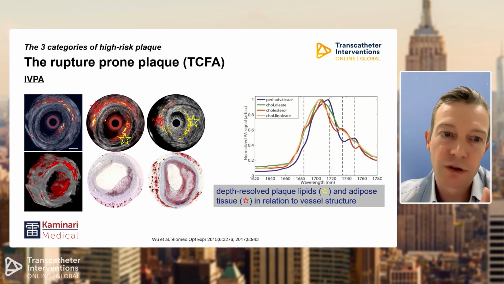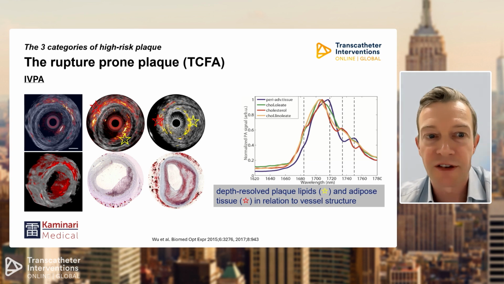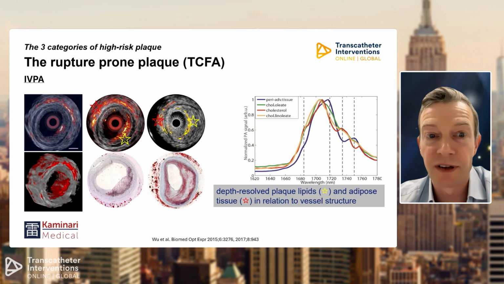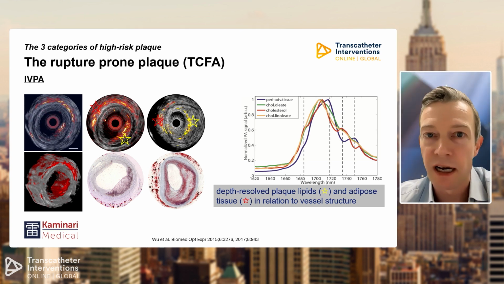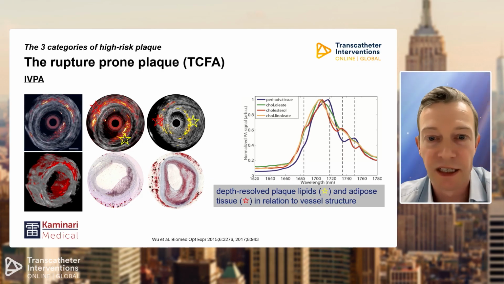With the key difference to NIRS that it gives you both the ability to quantify the amount of lipid per each individual cross-section, but also gives you an identification of the depth and the localization of the lipids, which is not available within the NIRS imaging.